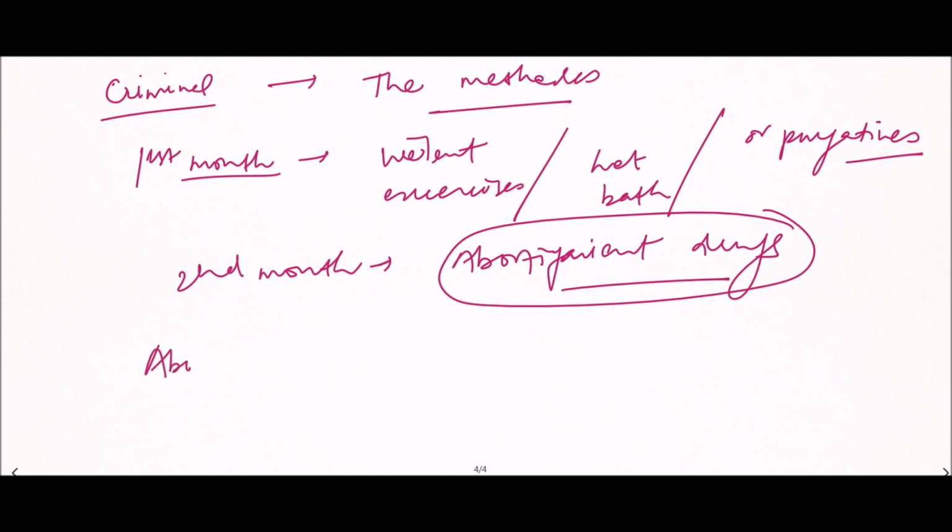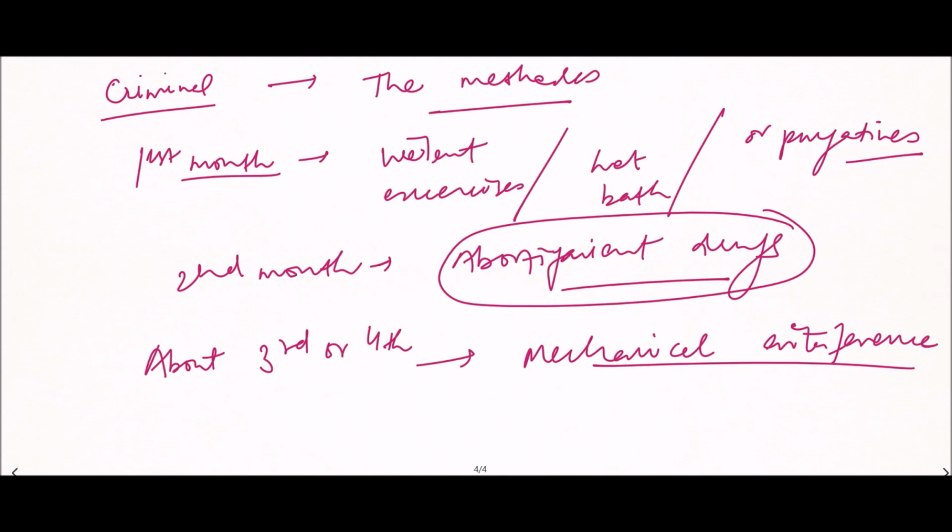Now about third or fourth month, the mechanical interference is responsible for the abortion. So first month violent exercises, hot bath, or use of purgatives. Now the second month use of abortifacient drugs, and in fourth to fifth months various mechanical interferences are responsible for causing this criminal abortion.